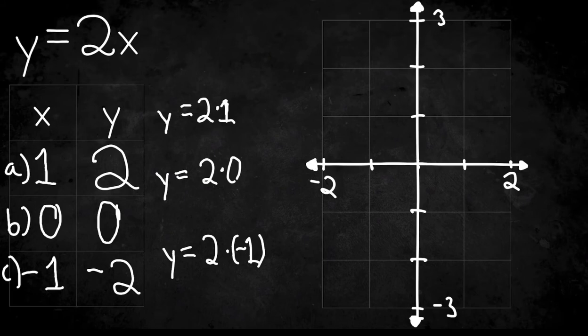So 1, 2 would be right here. 0, 0 is just right here. And next we have -1, -2, and that goes right here. Now we label each one. This one would be A, this would be B, and this would be C.